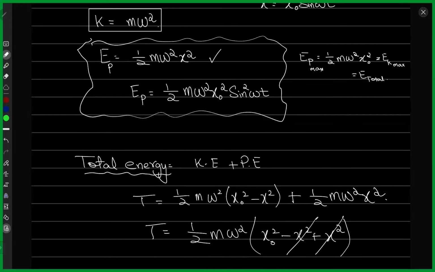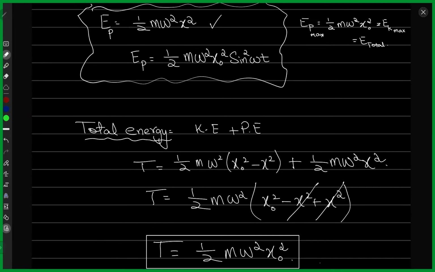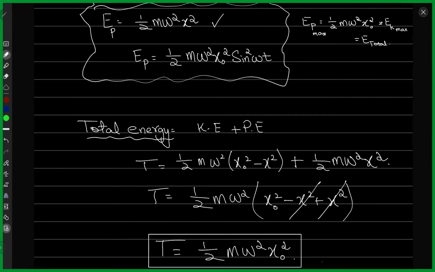And then when I wrote down this total energy by adding those two, we saw that the total energy of the system is also half m omega squared x naught squared. How can the total energy of a system be exactly equal to the maximum kinetic energy or the maximum potential energy of such a system? The key word here is maximum, and the second hint is to think in terms of conservation of energy.